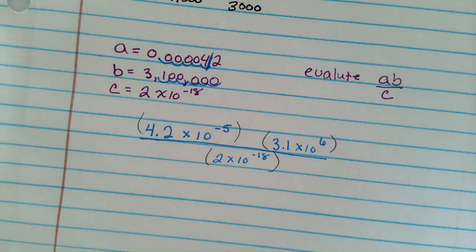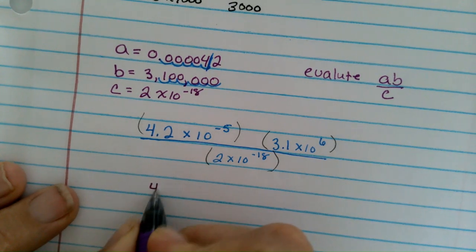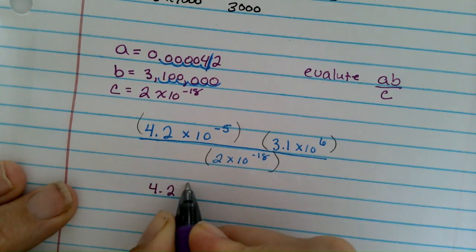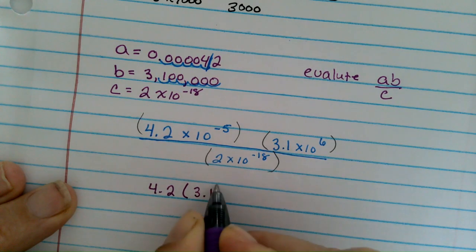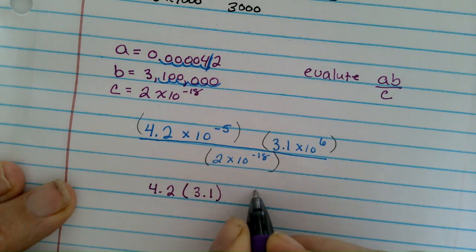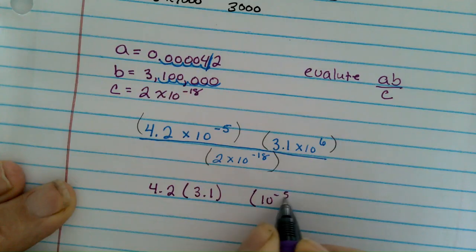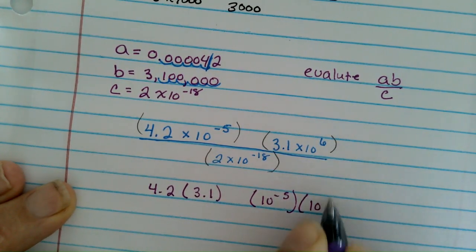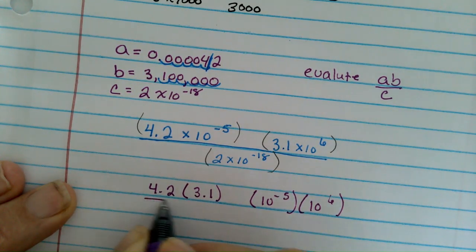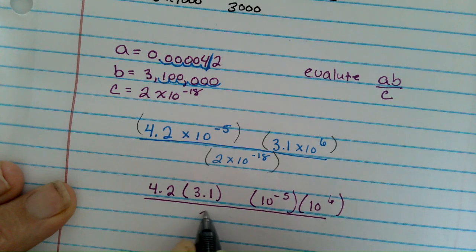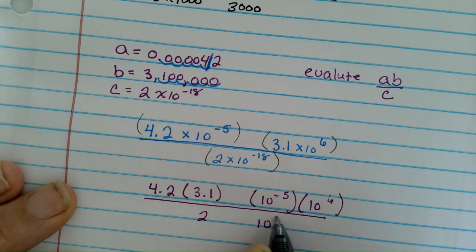We can reorganize this. We can change up the order of multiplying and dividing, because remember, dividing is technically multiplying. So I'm just going to commute the orders here a little bit, and I'm going to go 4.2 times 3.1 times 10 to the negative 5th times 10 to the 6th divided by 2 times 10 to the negative 18th.